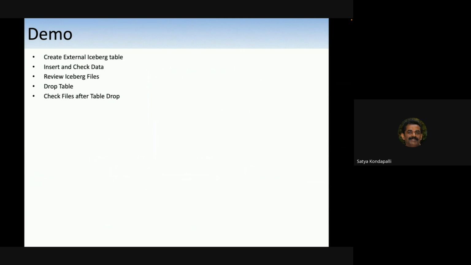Always create an external table format. That way, if any accident happens like a drop or truncate, you can usually recover very quickly. Check the files after the drop, find the most recent metadata JSON, and then we're going to register the table back using the register table stored procedure. Then we get the data.